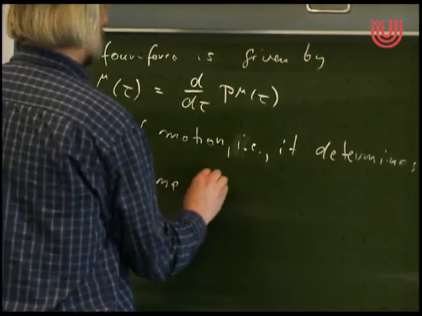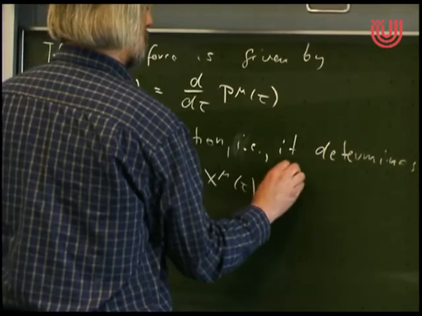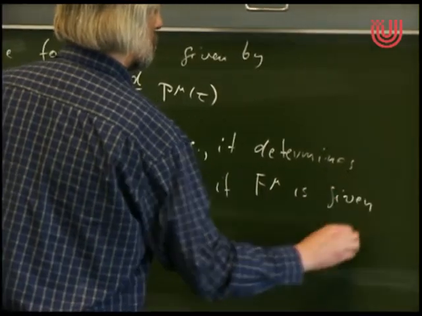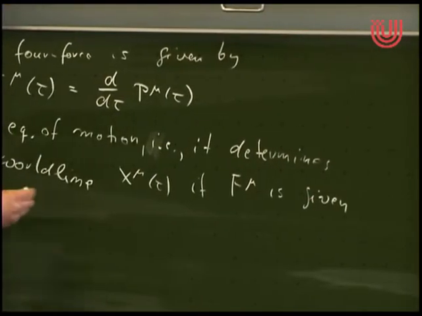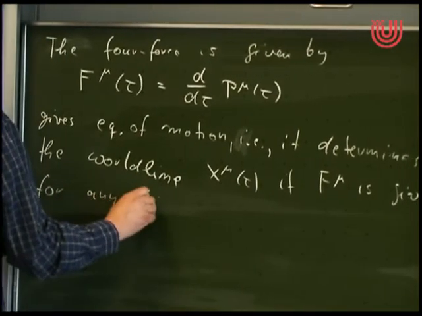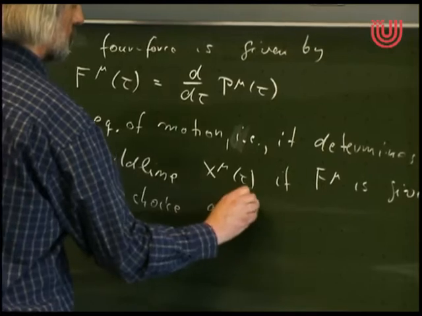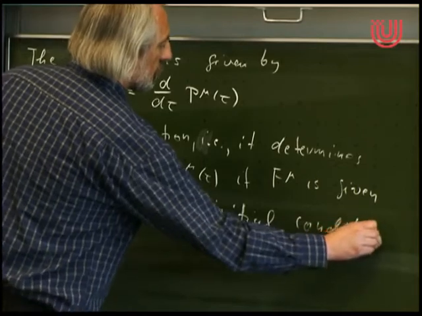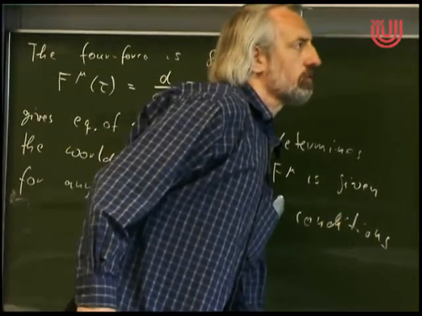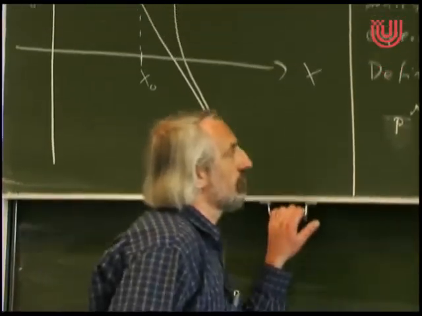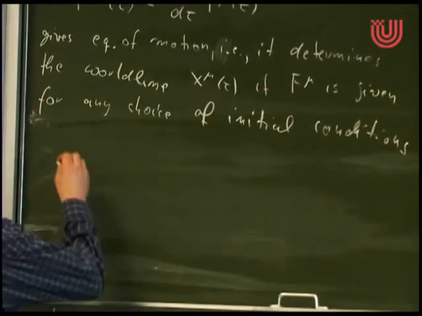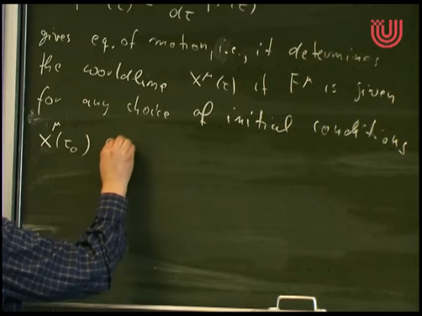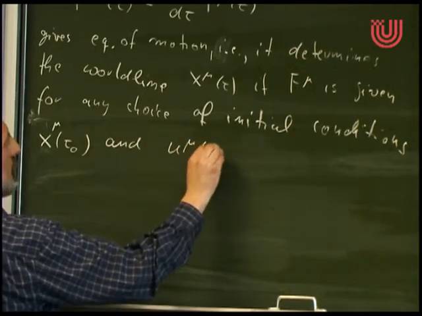It determines the world line x mu if f mu is given, and it determines this for any choice of initial conditions. And the initial conditions are, of course, initial position and initial velocity. So the initial conditions are x mu of tau naught, and u mu of tau naught.